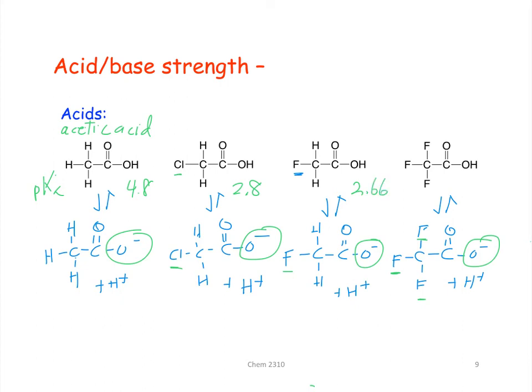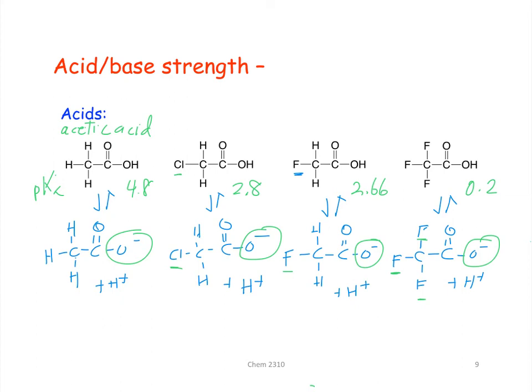And when we have trifluoroacetic acid, it goes all the way down to 0.2. So that's getting to be a pretty strong acid. So as we add the halogens, it makes it a stronger acid. And as we add more electronegative halogens, it makes it an even stronger acid. And if we add even more of those halogens, it makes it an even stronger acid.